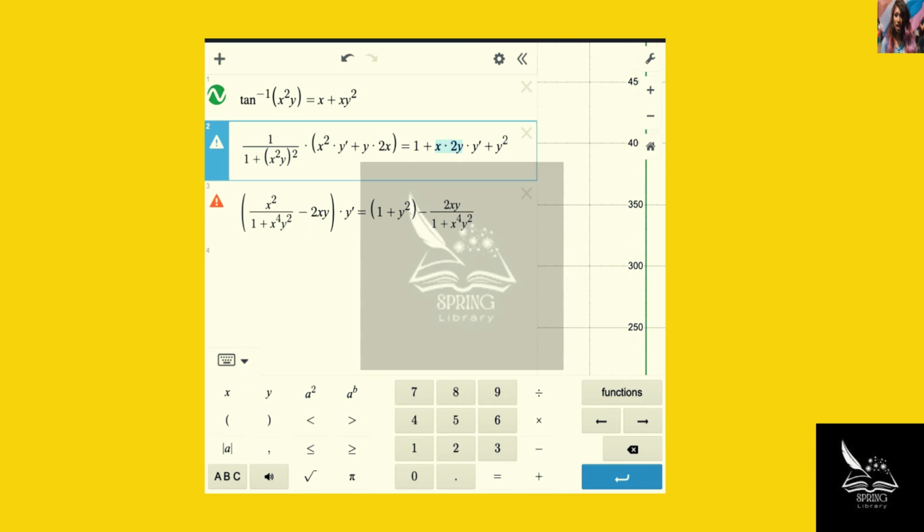Then what we can do to simplify things further is we're going to divide both sides by this portion right here.